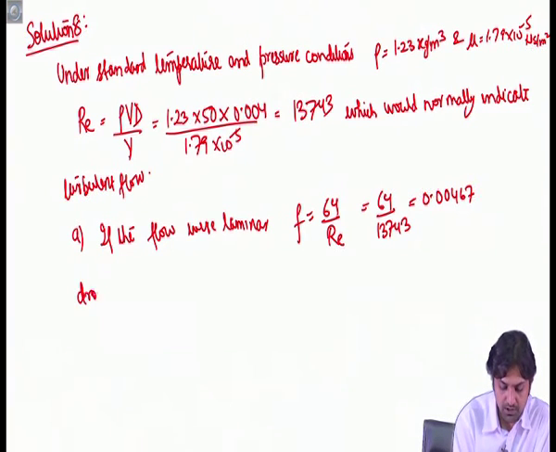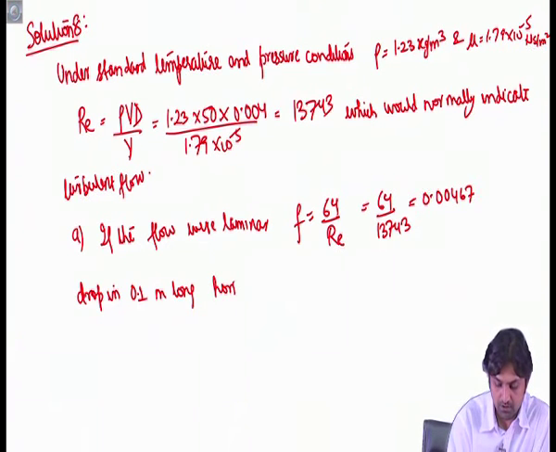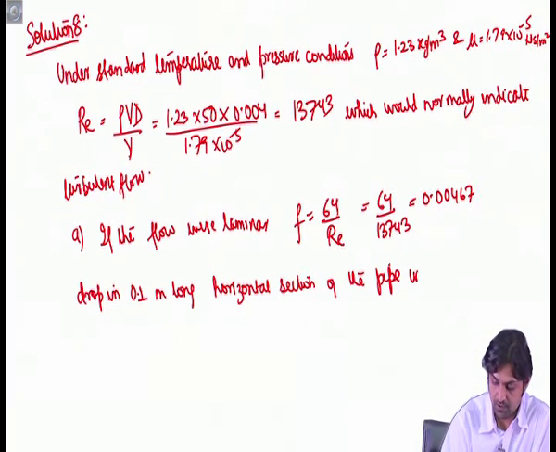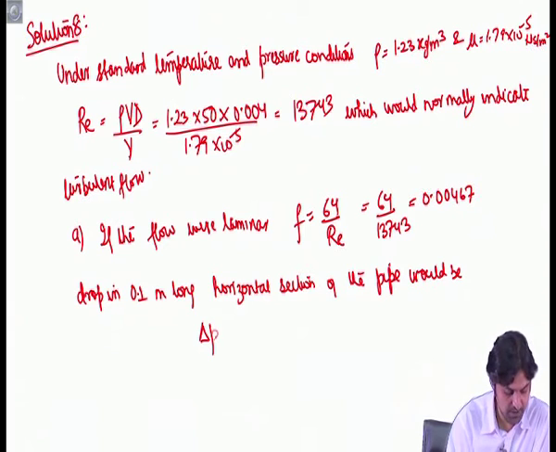Therefore, the drop in a 0.1 meter long horizontal section of the pipe would be delta P is equal to F into L by D, our formula, into rho V square by 2.